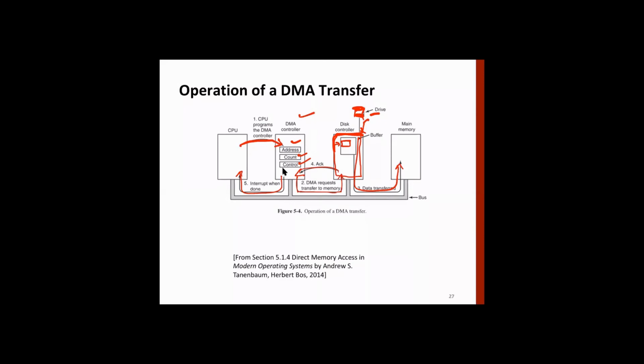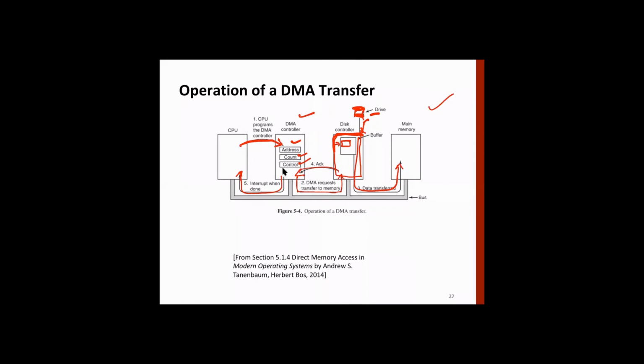The DMA controller in turn will inform the disk controller, and then this controller will do the transfer without involving the CPU. When this is over, the DMA controller will inform the CPU that the job is over. This is one way of doing it.